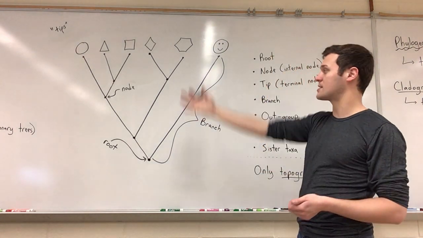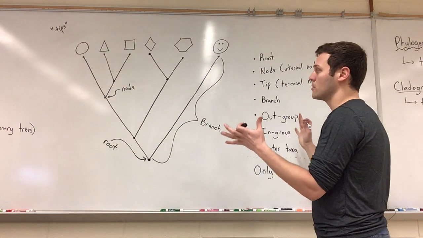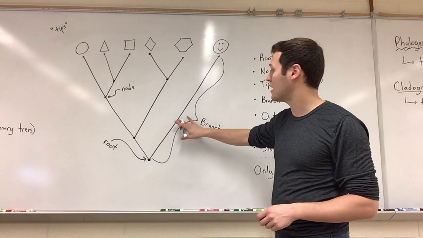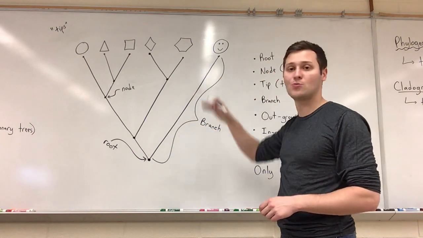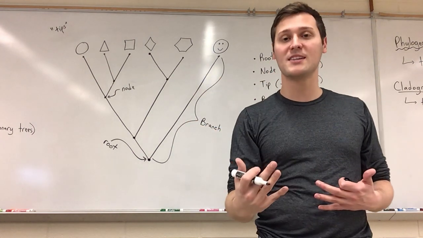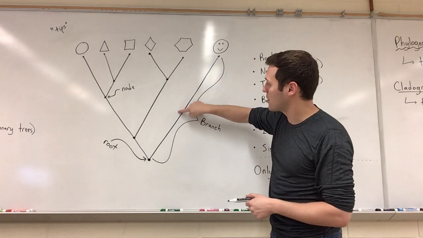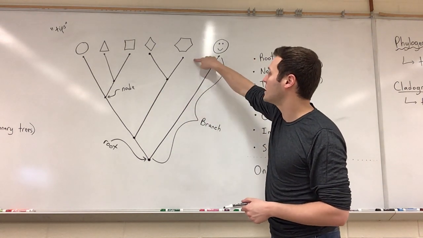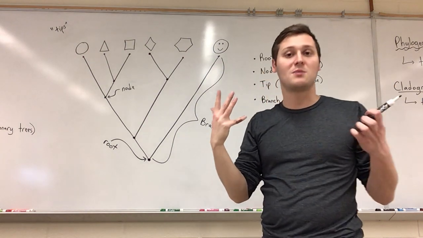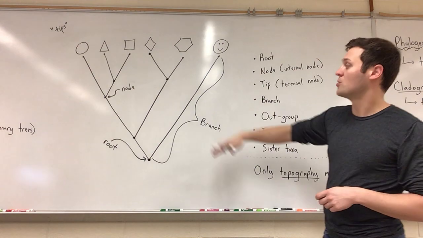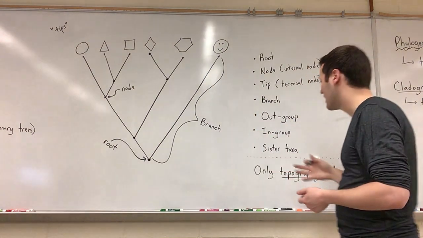For this particular tree, it's important to note that the branch might not be including certain organisms, certain other divergent branches. We could see a branch here, another branch here, but we're just not depicting that in this particular tree. They could be there, but we're just not showing it.